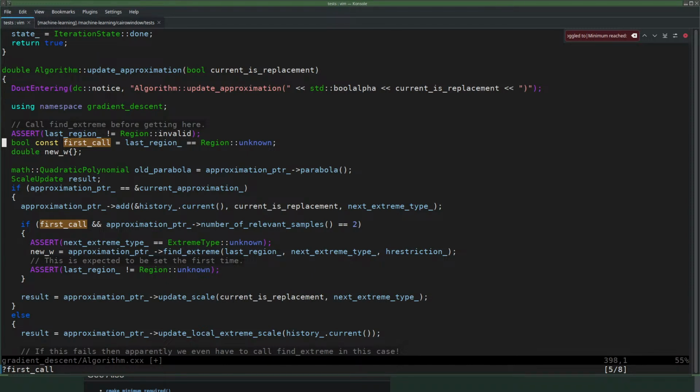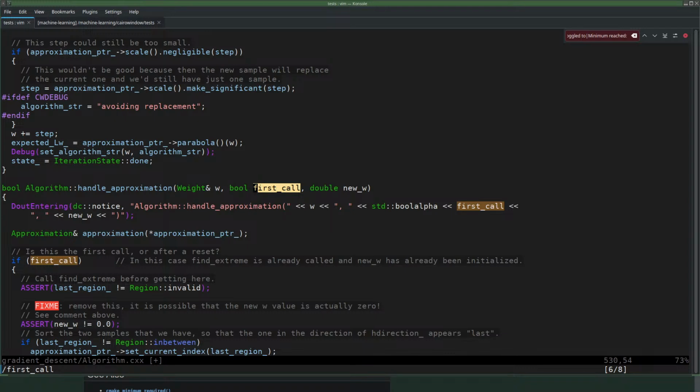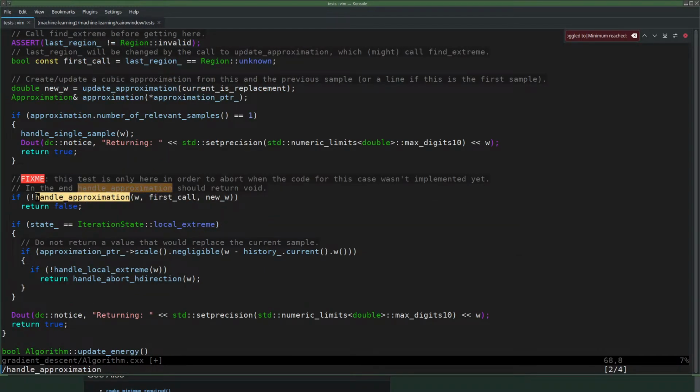Or do you think that maybe last region is already set? That's possible, I guess. So then the call to handle approximation happens here, and first call is passed.